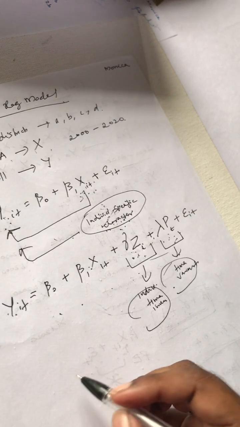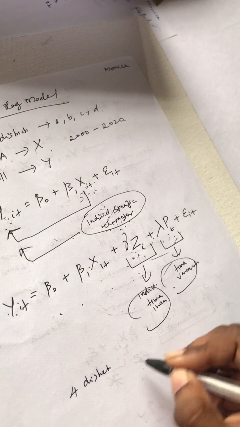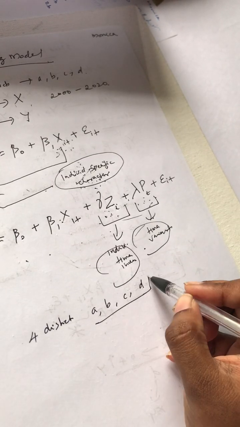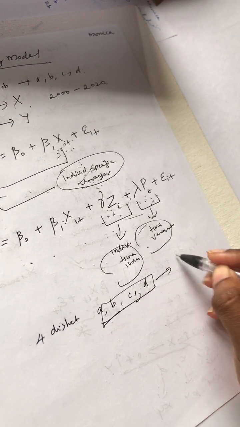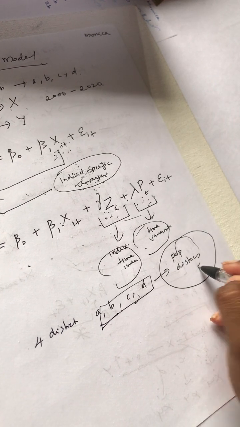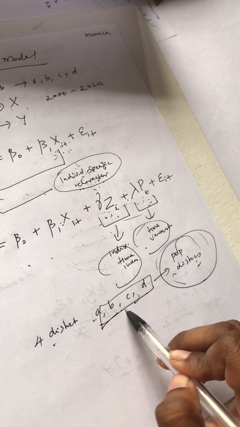Now, in a random effects model, when we pick up the 4 districts A, B, C, and D, we assume that these 4 districts are randomly picked from a population of districts. So there's an entire population of districts, and from those, 4 districts were randomly selected.